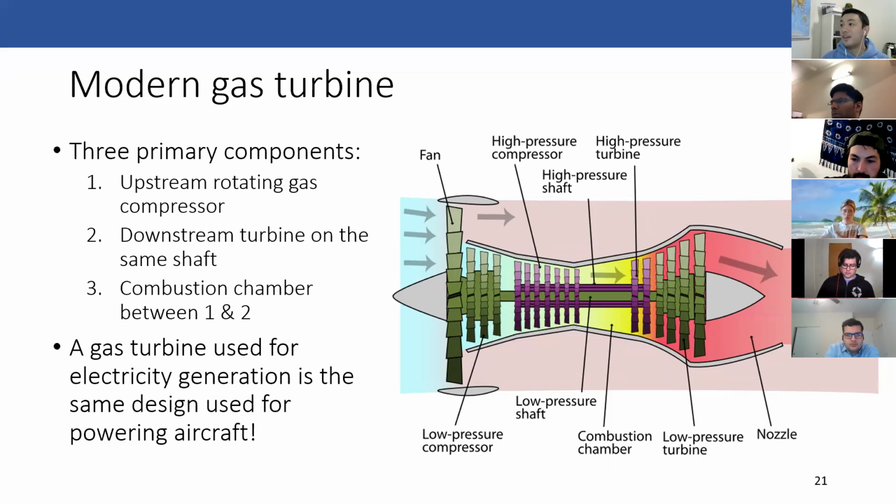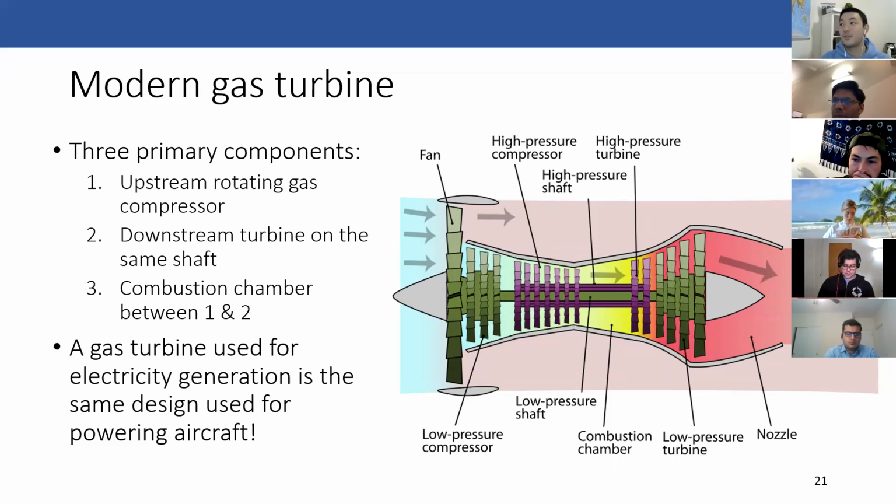The types of gas turbines are fairly uniform in design. In fact, the turbines that you see on airplane wings are essentially the same thing as the turbines being used in power plants.